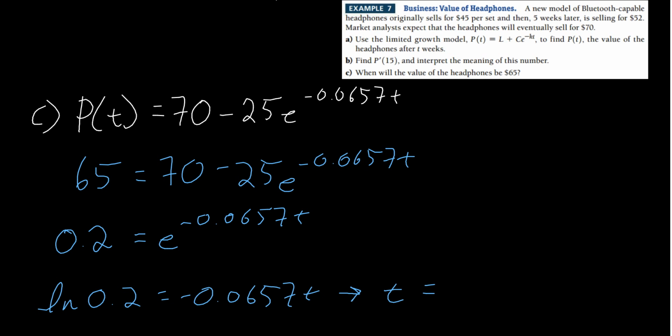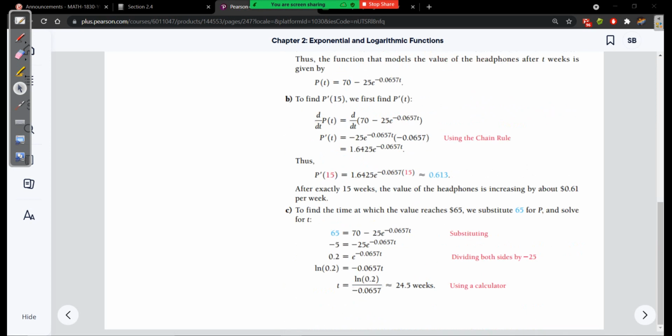So that's 24.49, so 24 and a half weeks. So the value of the headphones will be $65 when t is equal to 24.5, or in 24 and a half weeks.